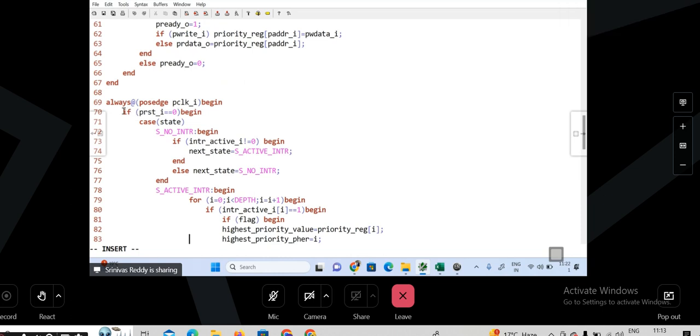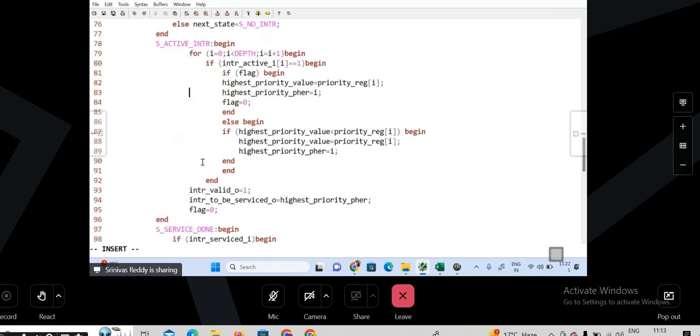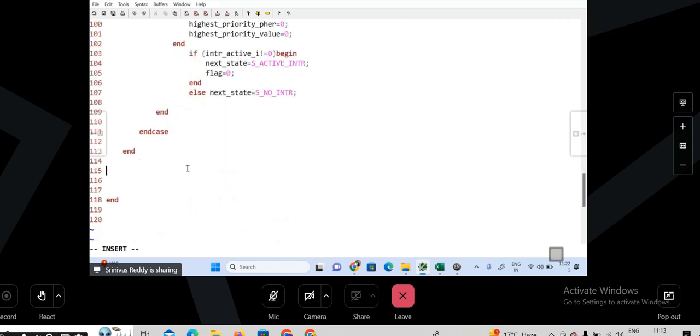Okay, let us modify this one because I'm using the ports here. First, I need to include, tick include, nothing but interrupt controller. File name is interrupt controller.v. Now this is my module.